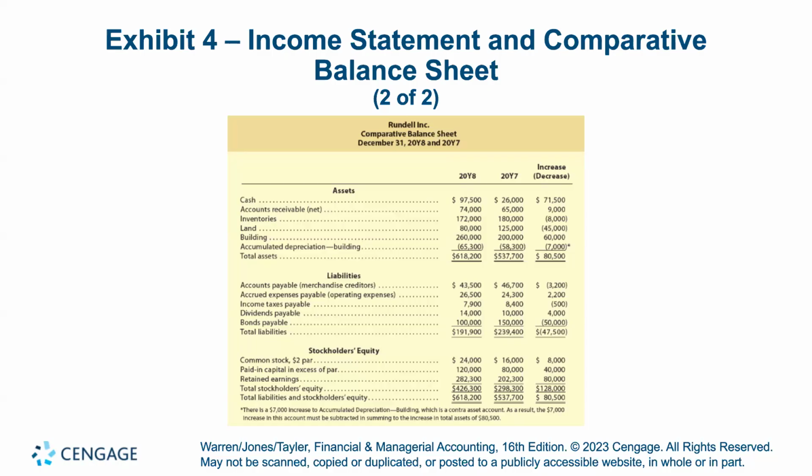So accounts payable, 3,200. And accrued expenses, 2,200. That one goes up.